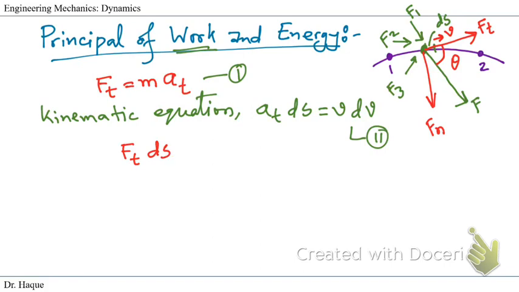Since it's a curved path, we're going to do integration, from any initial position s1 to any final position s2, using the summation of force, which will equal the integral of m v dv.